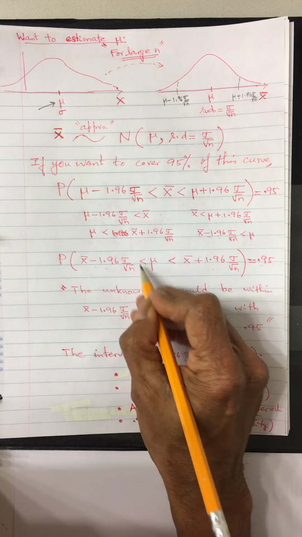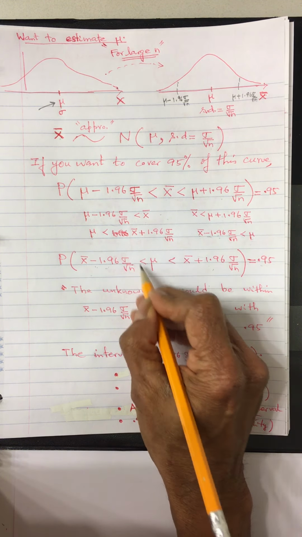Actually, we are trying to estimate mu. That is our estimate from here to here. So we can say that 95% of the time we are correct. That is our interval estimate from this value to this value. That is known as a 95% interval estimate for mu, or 95% confidence interval.